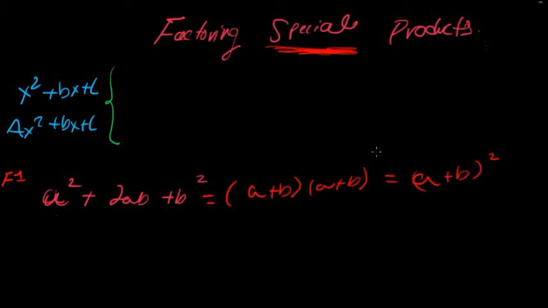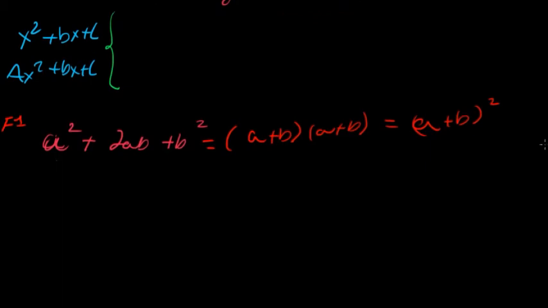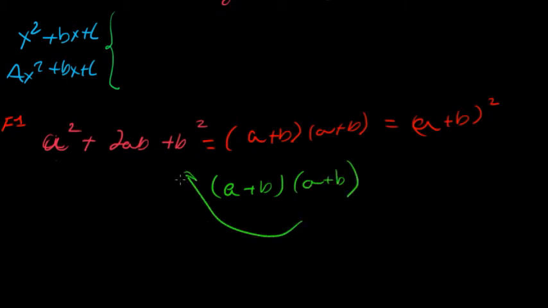It actually says that this would be our factored form here. Okay, well, let's look at that. If that's true, that must mean when we FOIL a plus b times a plus b, we should get this back here. Well, let's do a little proof. Let's see what the actual product will give us here.